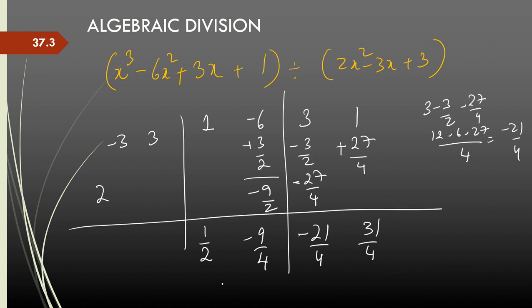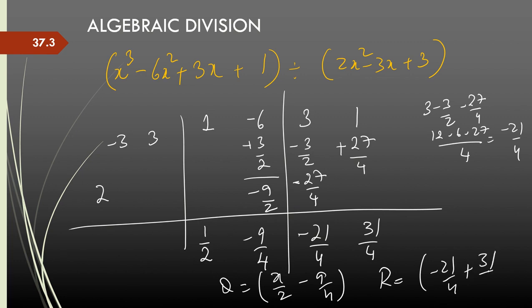The quotient of this division, since x cube is getting divided by x square, will be x by 2 minus 9 by 4. Remainder is minus 21x by 4 plus 31 by 4. We need to be careful that in the remainder term, the first term will be x, and then it'll reduce as we go to the right.